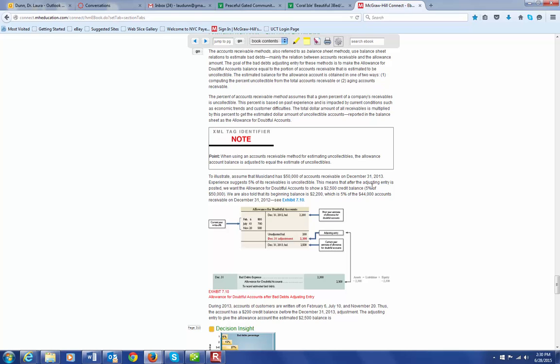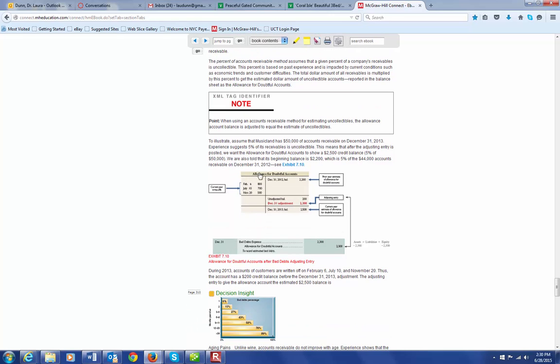So after the adjusting entry is posted, we want allowance for doubtful accounts to show $2,500 because 5% of $50,000 is $2,500. So your entry would be, well, in this case, there's going to be other things that have happened in this account.